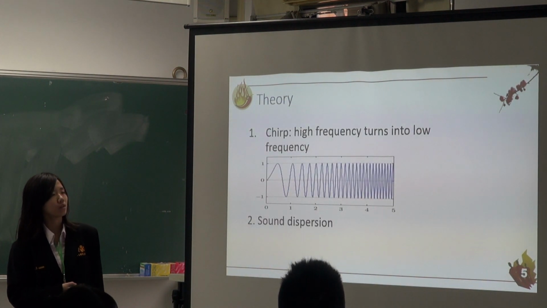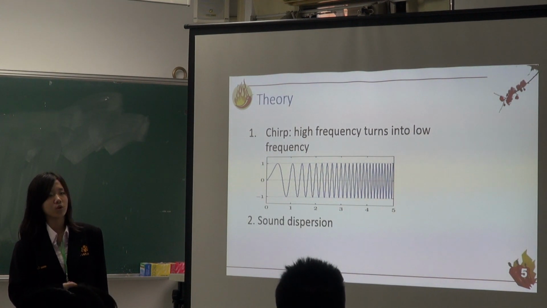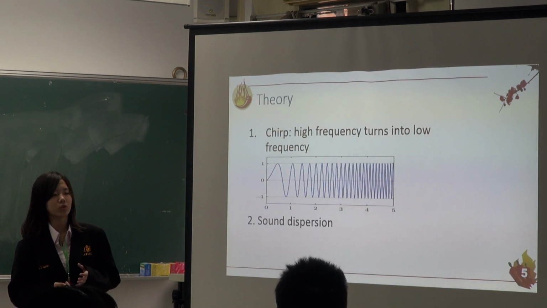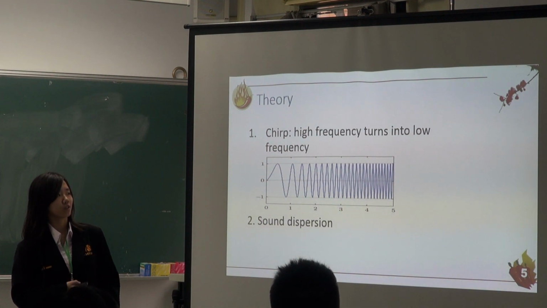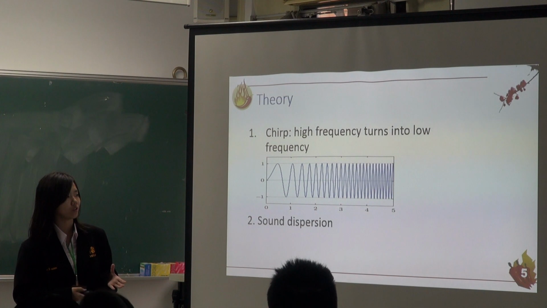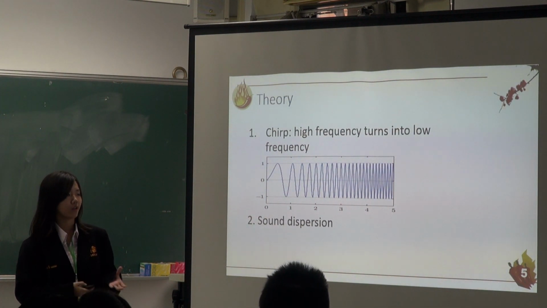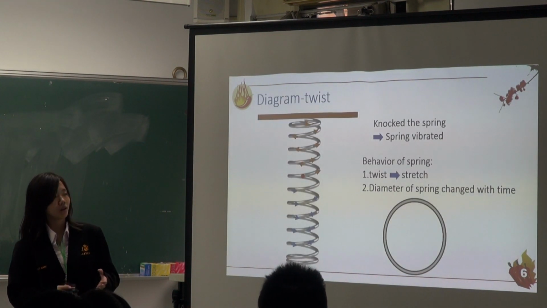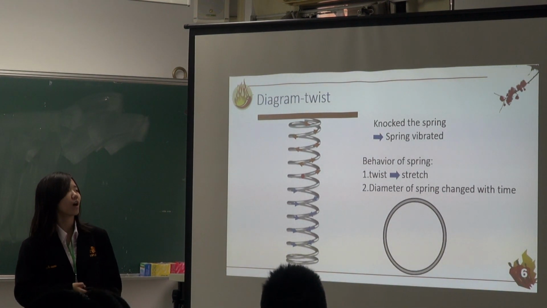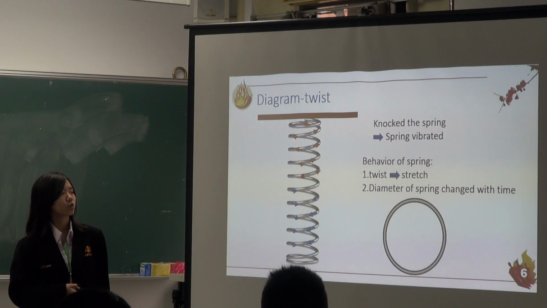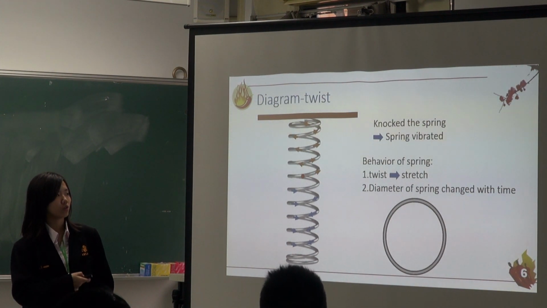And this is my theory. First is chirp, which means high frequency will turn. It has two types, and in my experiment, I choose the type where high frequency will turn into low frequency, just similar like this. And the second is sound dispersion. I will discuss it later. In the diagram, when I knock this point, the spring will twist in two directions.